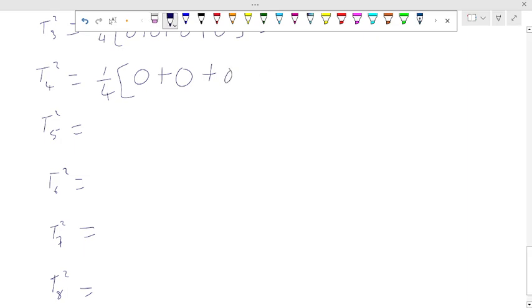So 0.25, plus 0, and this will give us 0.0625, because you sum this up, subtract it, and multiply by that. Let me just do this one, and then I'll let you do the rest.